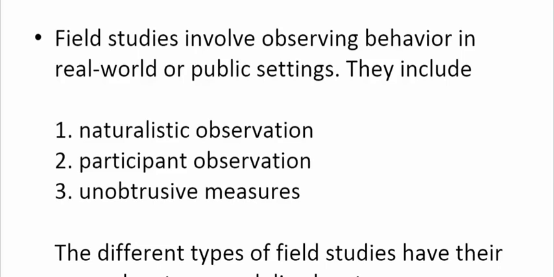And unobtrusive measures is a type of field study in which a researcher doesn't observe behavior directly, but instead looks for clues or evidence that's been left behind in the environment. So let's say I'm teaching a class and I want to learn about what students are eating in that classroom.